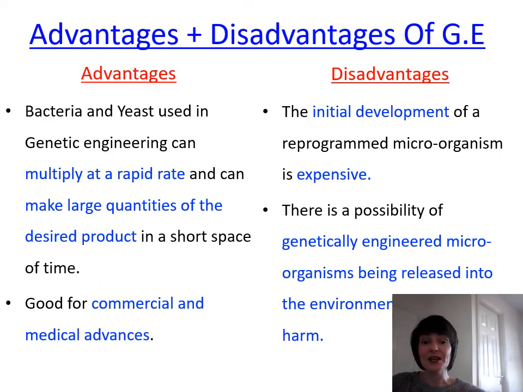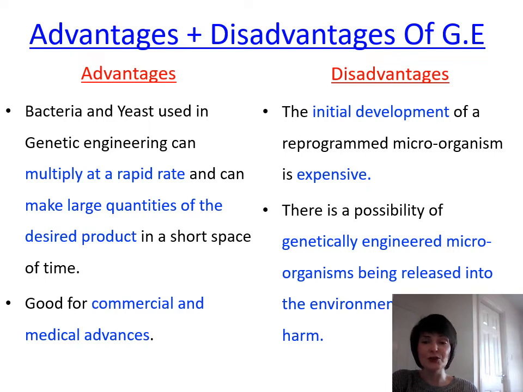As a process, in terms of genetic engineering, again, advantages and disadvantages. So advantages of genetic engineering as a whole: bacteria and yeast reproduce very, very rapidly. So you can make large quantities of a desired product in a very short space of time.